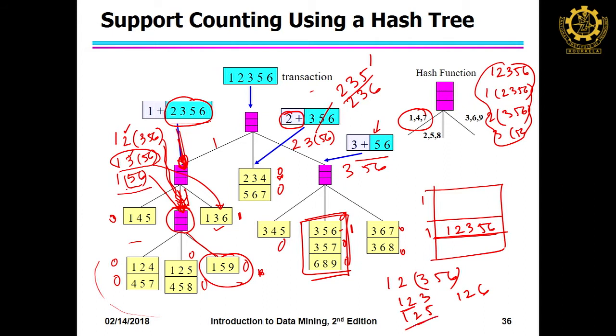Then 1 2 5: 5 means it will search here and 1 2 5 is already there, so this will be incremented by 1. Then 1 2 6: 1 is already there, 2, and 6 should come here, but 1 2 6 is not there.